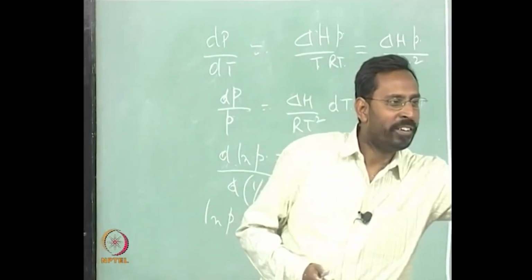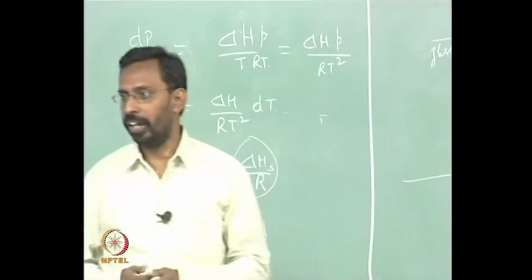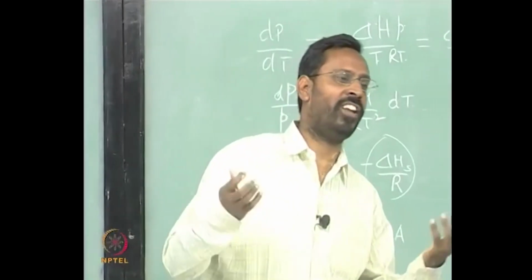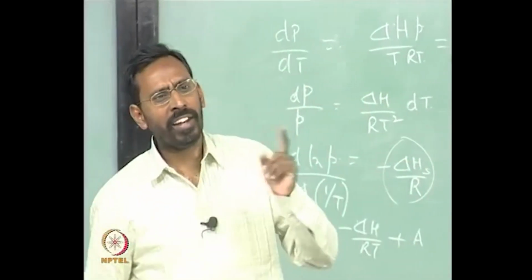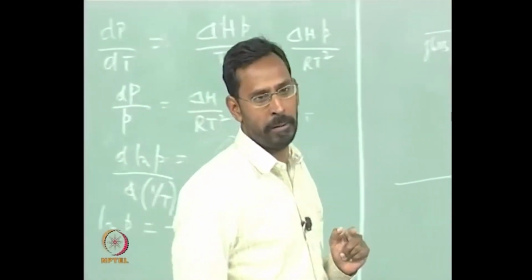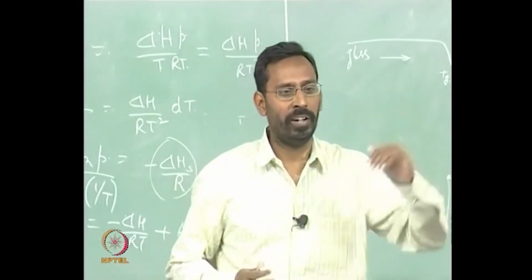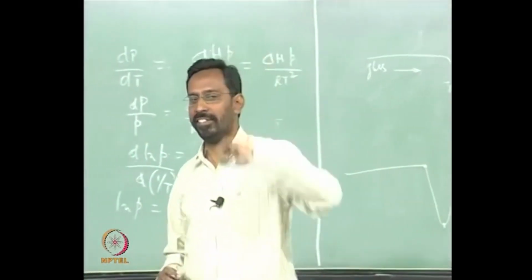Explosive reaction, okay, that is a reaction. Let us not talk about reactions here, we are talking of phase changes, change in the state. Whenever there is a change in the state of matter, then the delta H is large. Solid to liquid, solid to gas, liquid to gas.